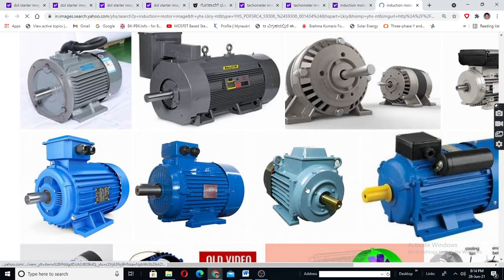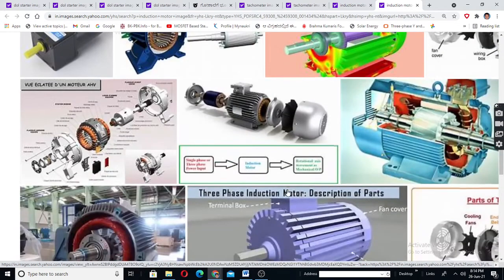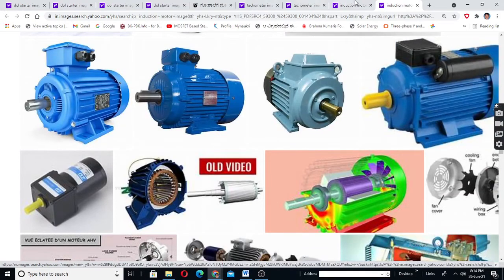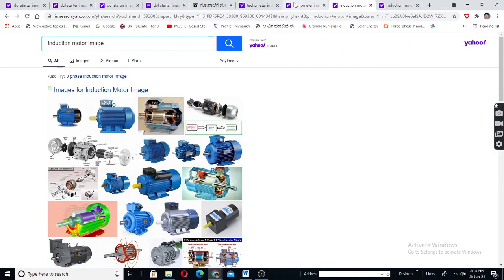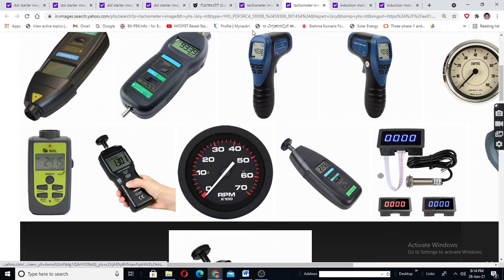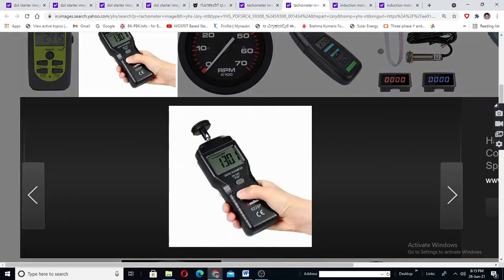To the other side, or even here also, there is a small hole or slot given. Other side also it will be there. To that side, you will fix this tachometer.